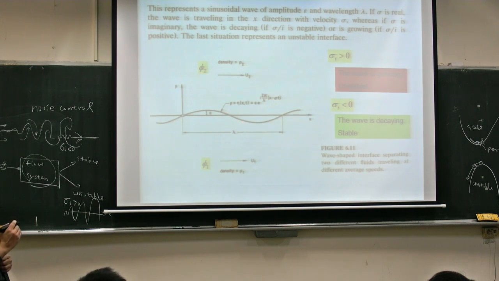We want to study whether this flow system is stable or unstable, which depends on sigma I, the imaginary part of sigma.